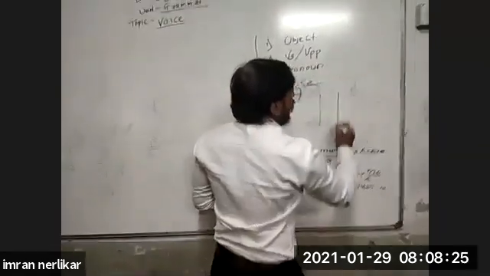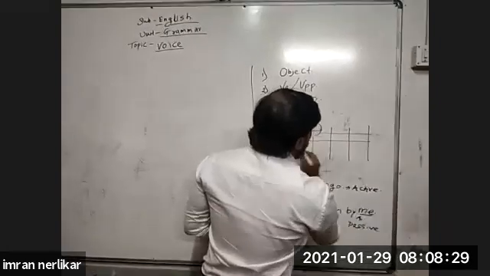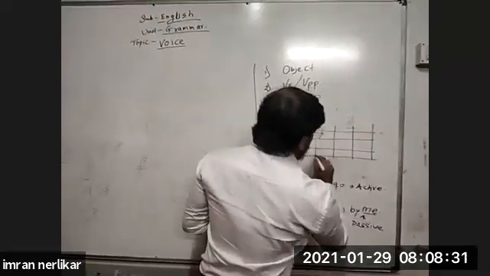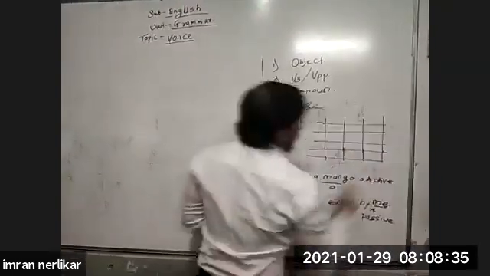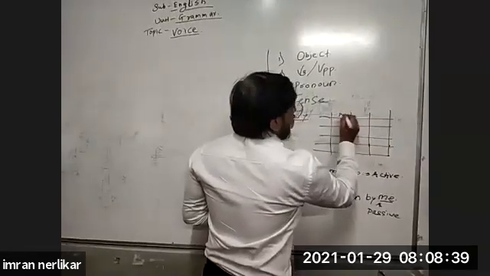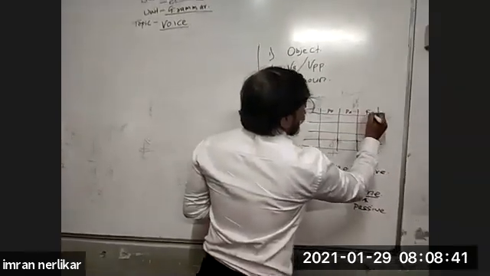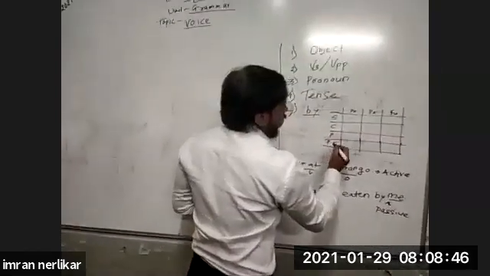In short, last time also I have told you. If you remember this chart which I have taught you about tenses: present tense, past tense, future tense, simple, continuous, perfect, and perfect continuous.